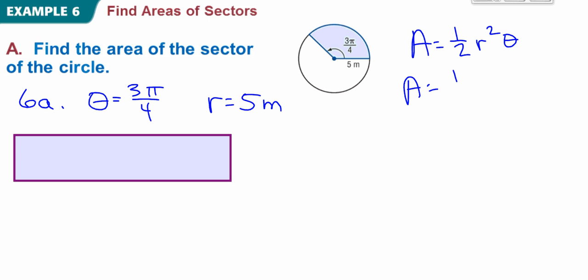So area is 1/2 r squared, 5 squared. Never ever multiply that 1/2 times 5 and then square it, right? Because it's 5 squared, and order of operations says we do powers before we multiply or divide. And then times theta, 3 pi over 4.